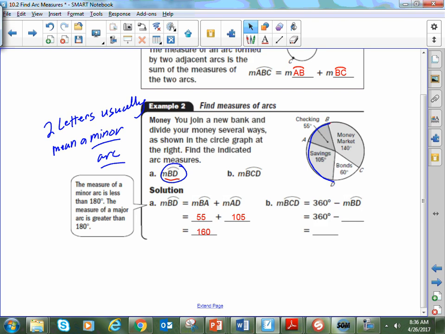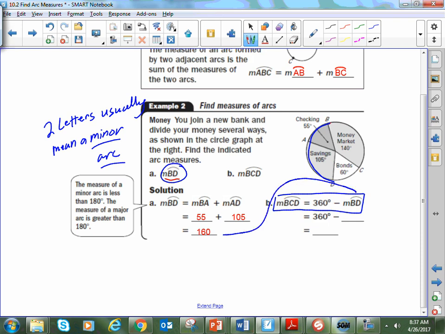So the other one is BCD. That clears up that because BCD is clearly a major arc. It goes from B, has to go through C, and then stop at D. Now, here we can do this one 2 ways. The way they're setting it up here is they're saying that the measurement of the arc is going to be 360 degrees minus what we found here, which is fine.